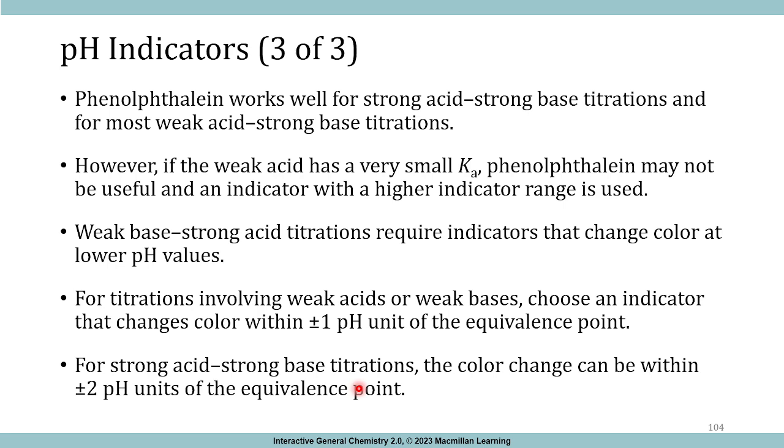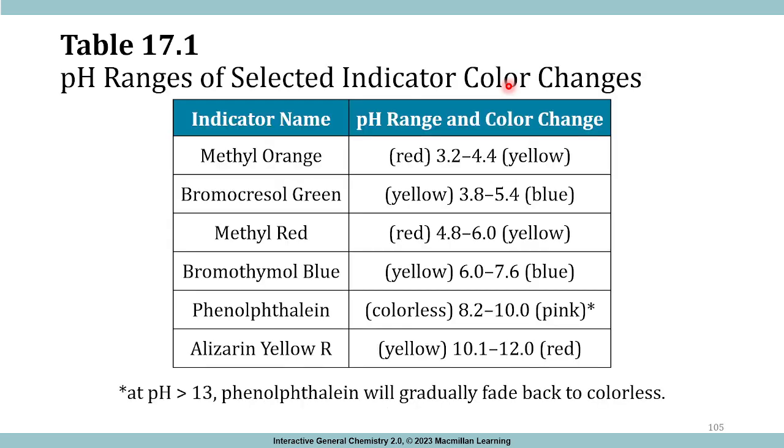And it had a larger, faster shift that happened. So that equivalence point has more leeway when you're looking at a strong acid with a strong base. Okay? It has a larger pH change at that equivalence point area. The weak acid is going to have a shorter pH change at that equivalence point area. And so you need to be within plus or minus 1 pH to be able to catch that.